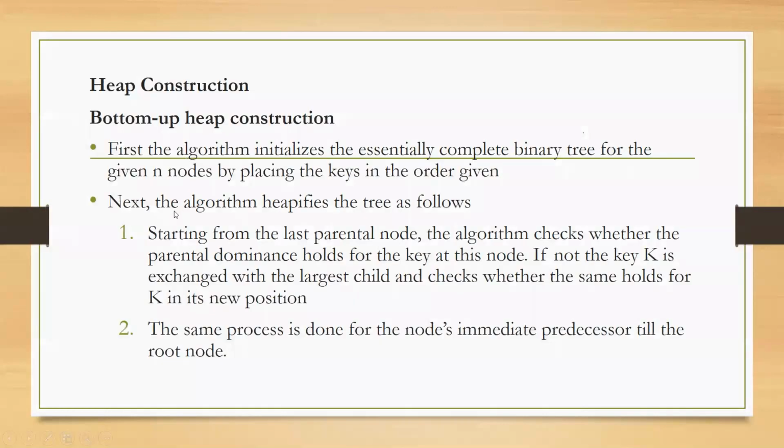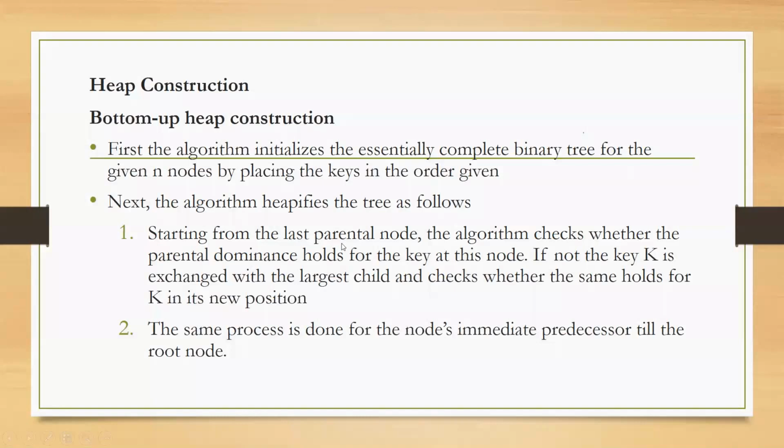Let us see what the second step is. Next, the algorithm heapifies the tree as follows. The next step is the process called heapify. The heapify contains two steps once again.